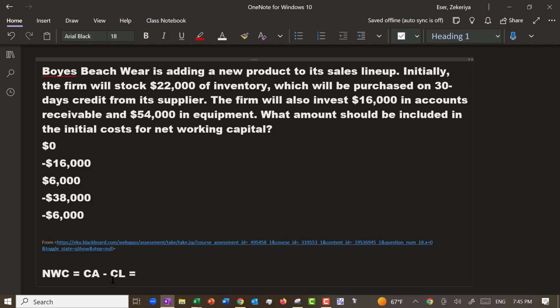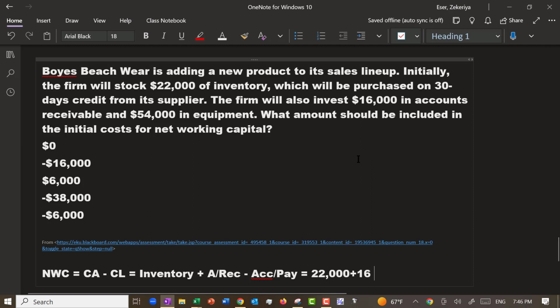Inventory is 22,000. They're going to add 16,000 on accounts receivable, but they're buying the inventory on credit, so that's accounts payable. Since it's a cost, that's going to be negative 16,000.